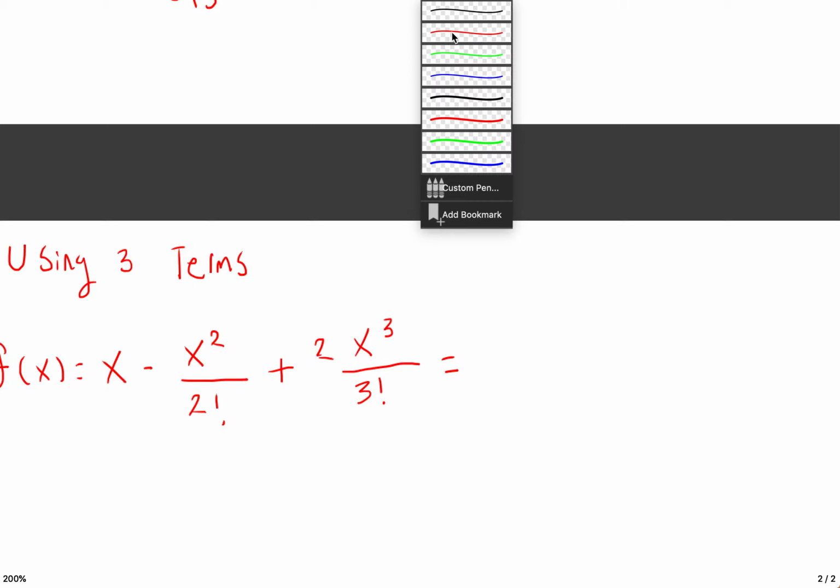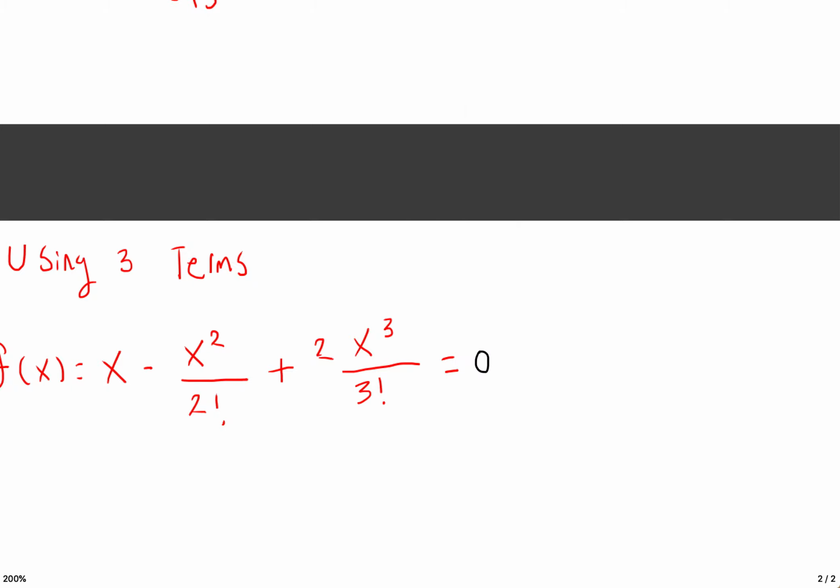So if you do this, you're going to plug in your x value of 0.1 minus 0.1 squared over 1 times 2, plus 2 times 0.1 cubed over 1 times 2 times 3. I'm just going to quickly plug this in my calculator and see what we get.